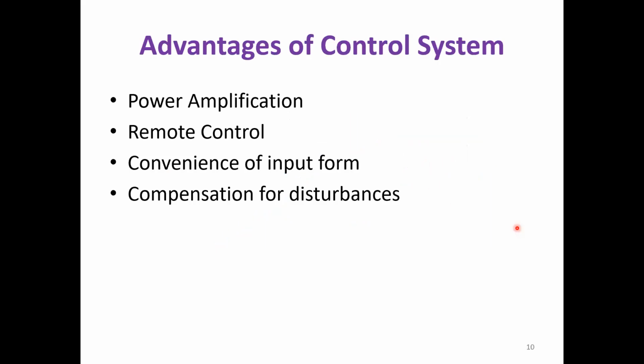Okay. So what are the advantages of control systems? Like power amplification, we amplify the power. We can remotely control anything. And convenience of input form, compensation for disturbances. These are the advantages of control systems. We'll see them one by one later.